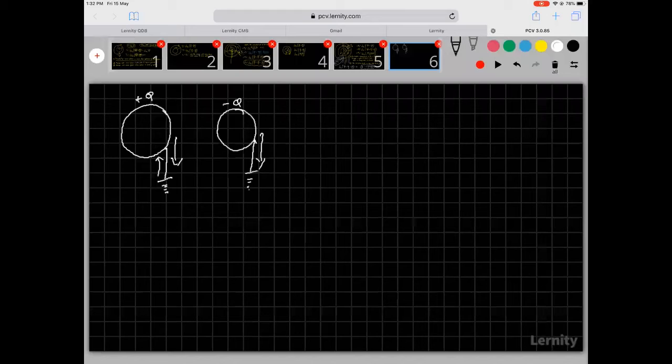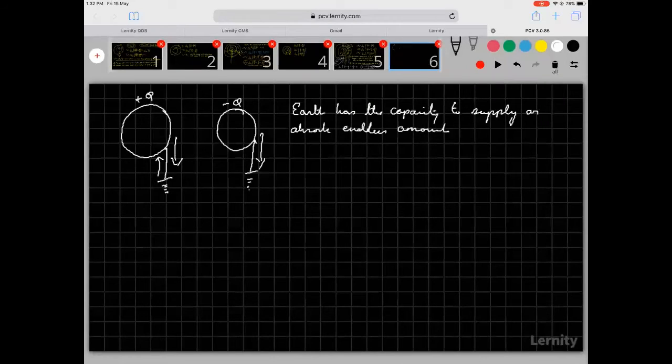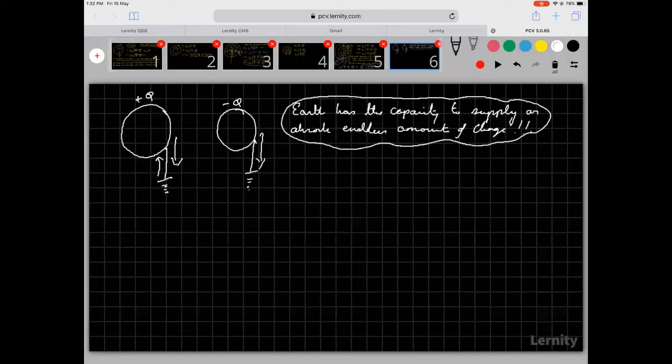Okay, so the earth has the capacity to supply or absorb endless amounts of charge. So this is the logic, and of course the potential of the earth is 0.